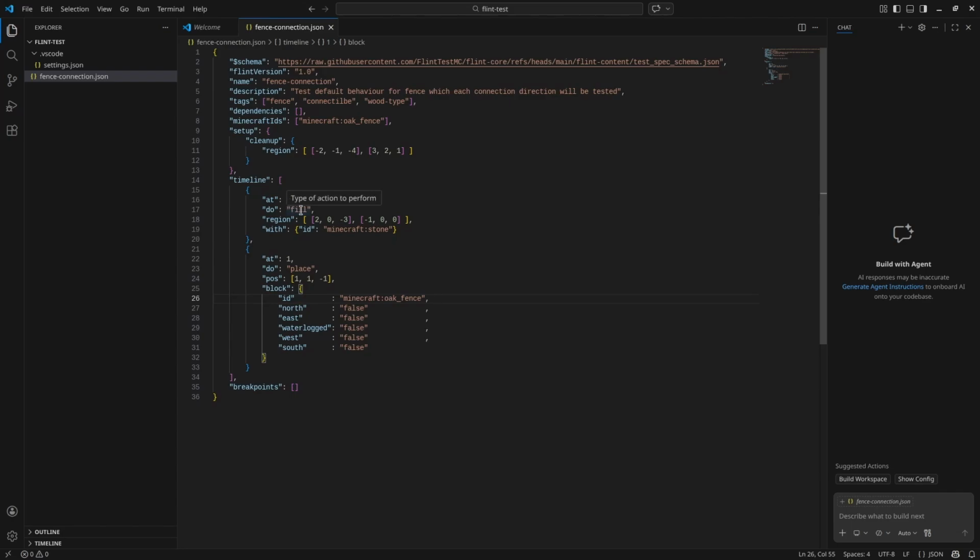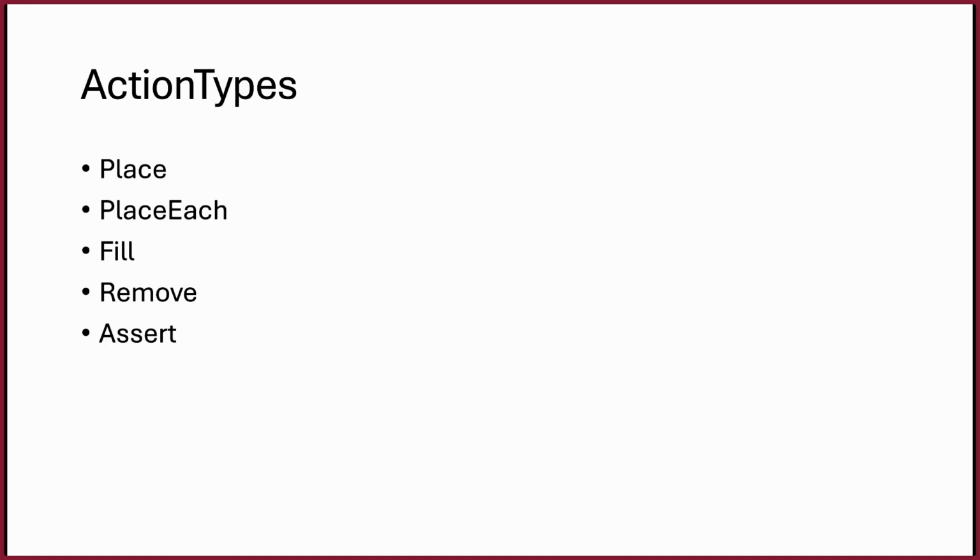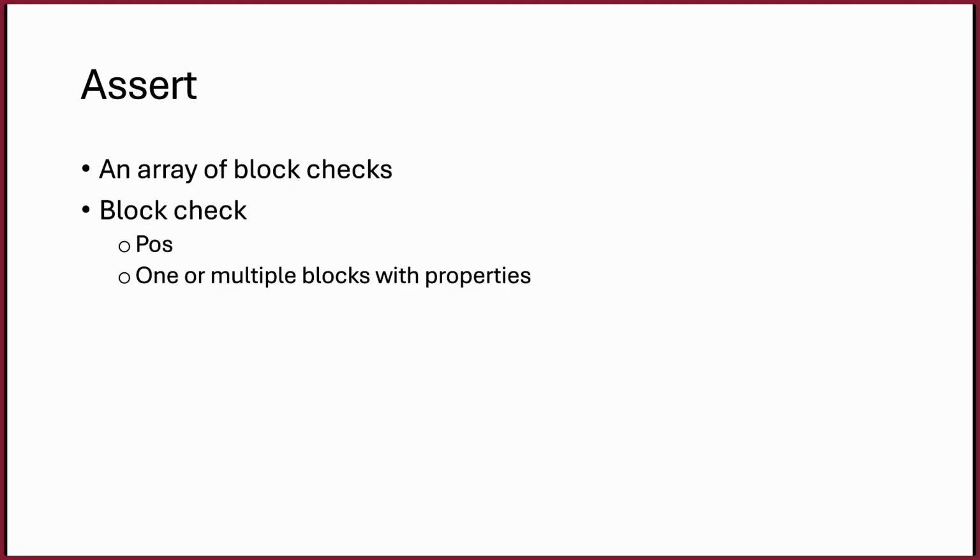Now I want to have an assert, for example, after placing all these blocks, that these blocks are there. So we are looking at the action types we have when we see assert here. Assert currently is an array of block checks, and a block check is a position, and it says which block should be on this position with which property.